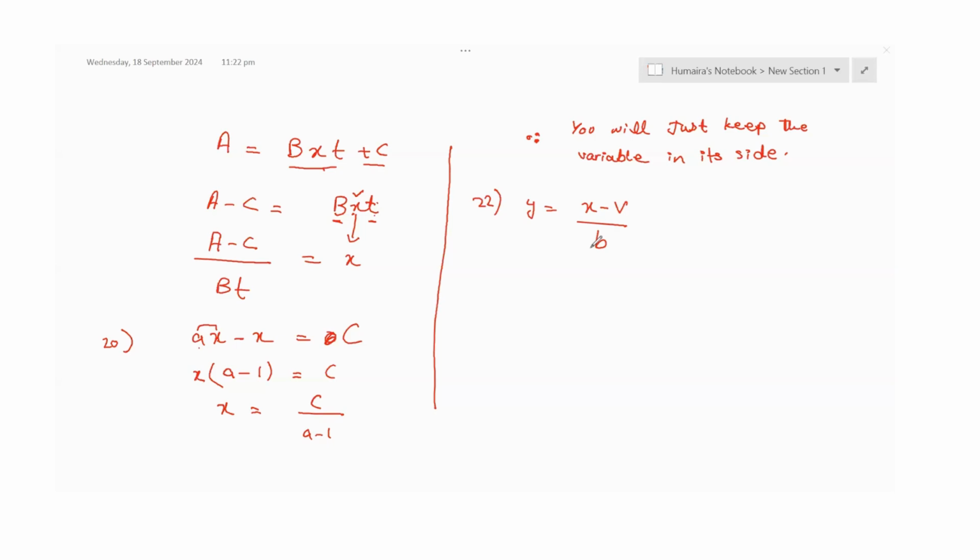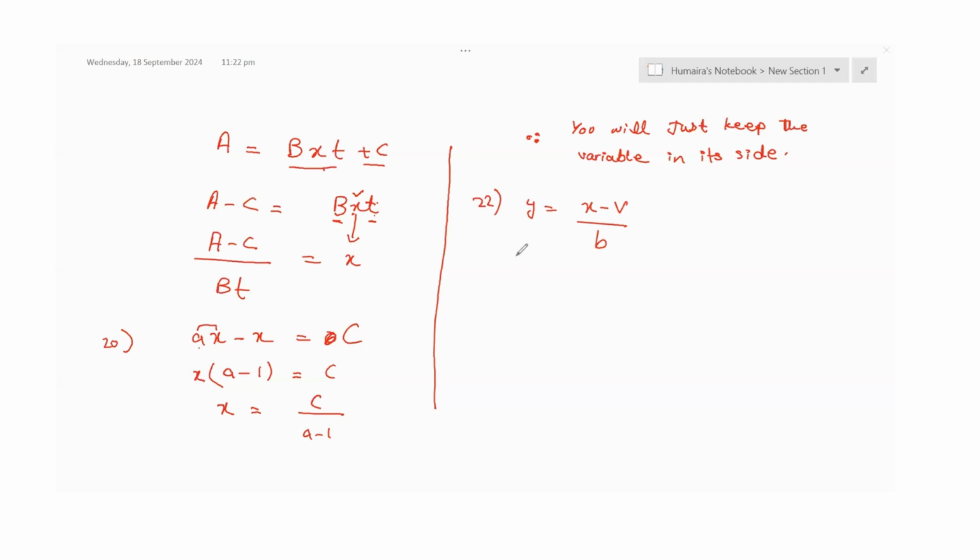Y times b. yb. I'm stuck. At which point? I only got until x minus v equals yb.